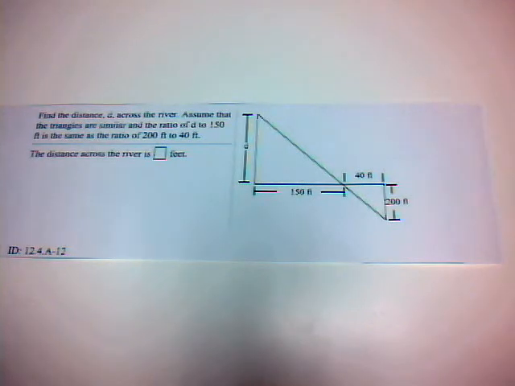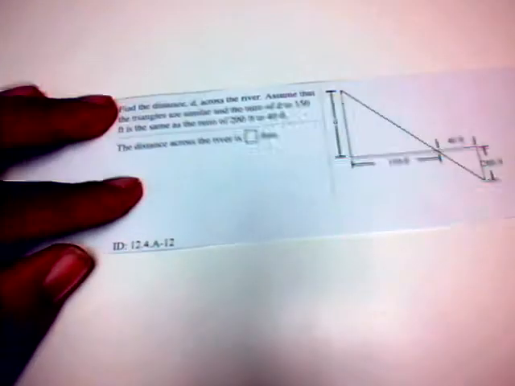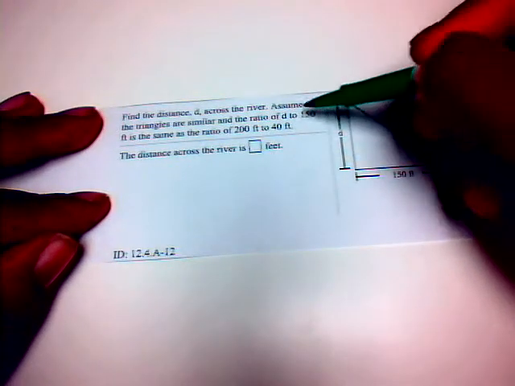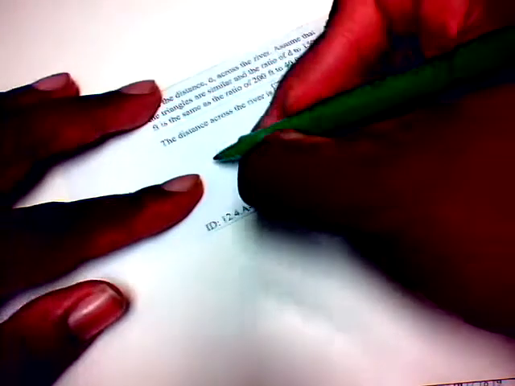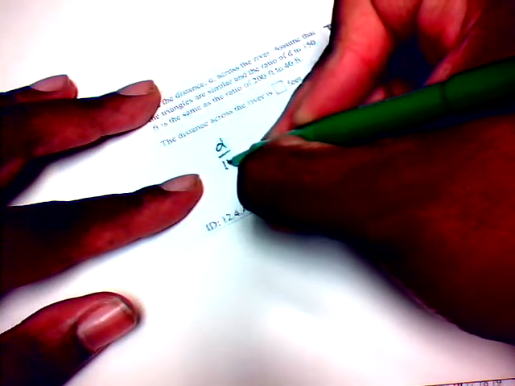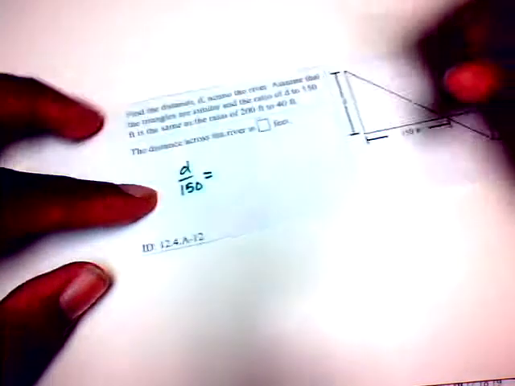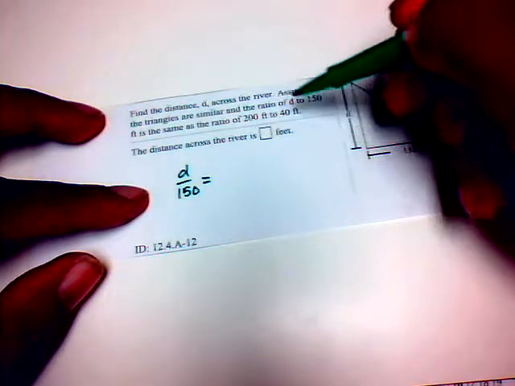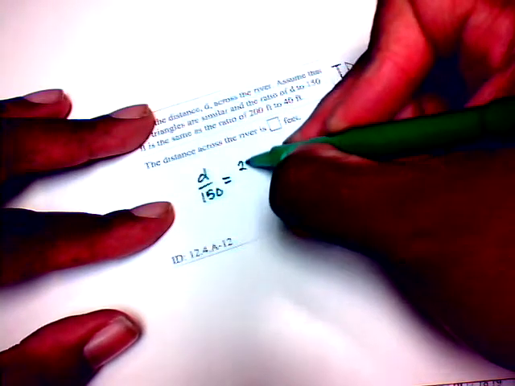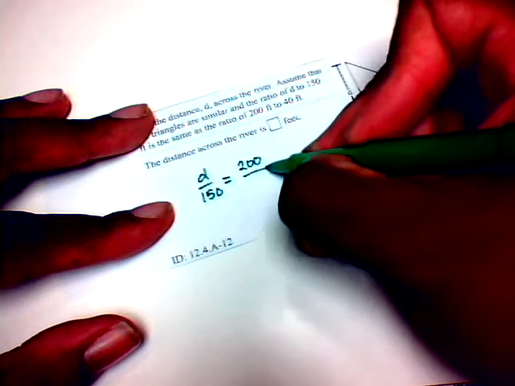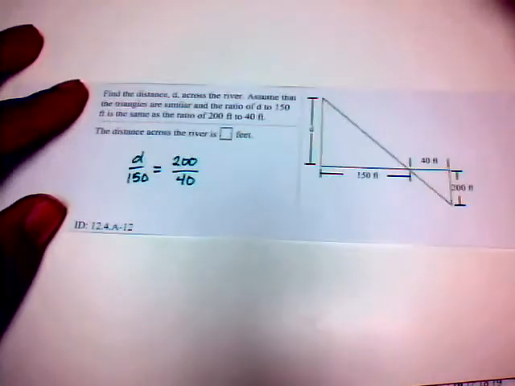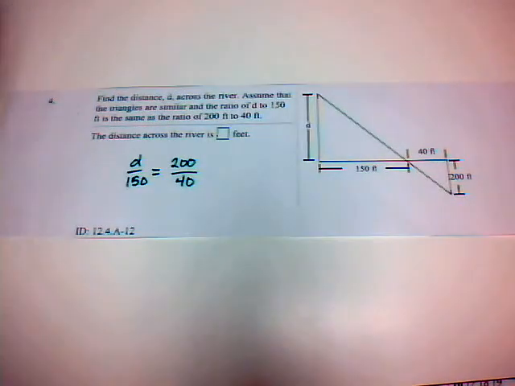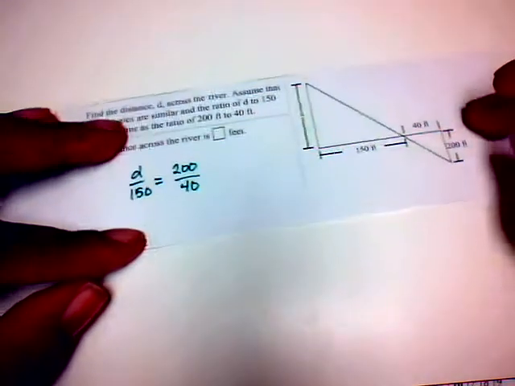Well, that should be easy right there because they tell you what the ratios are. So d to 150 is d over 150 as a fraction. That's equal to the ratio of 200 feet to 400 feet. That's 200 over 400. So there's your proportion right there that we can easily use to find out what d is.